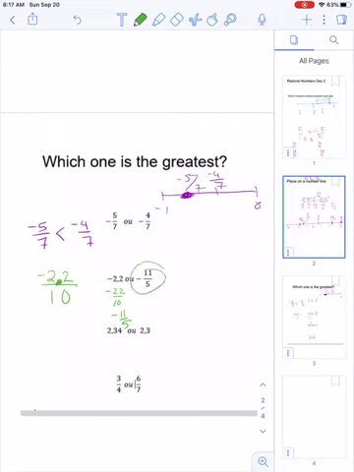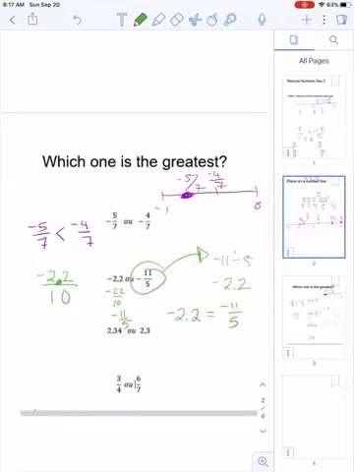Or if I want to turn my fraction into a decimal, on my calculator I would do negative 11 divided by 5, and that would give me negative 2.2. So to write this, we would write negative 2.2 is equal to negative 11 out of 5.